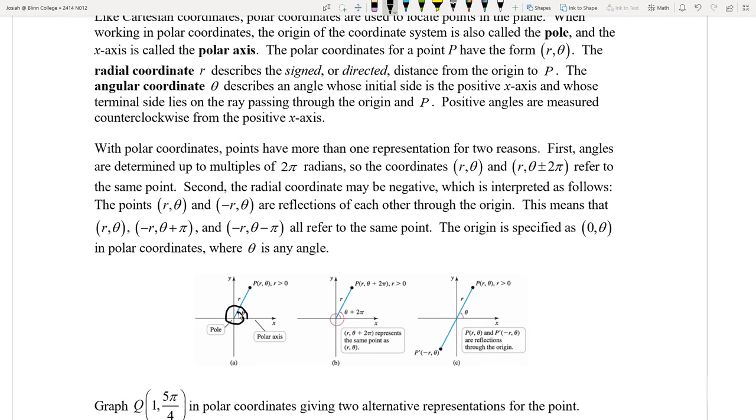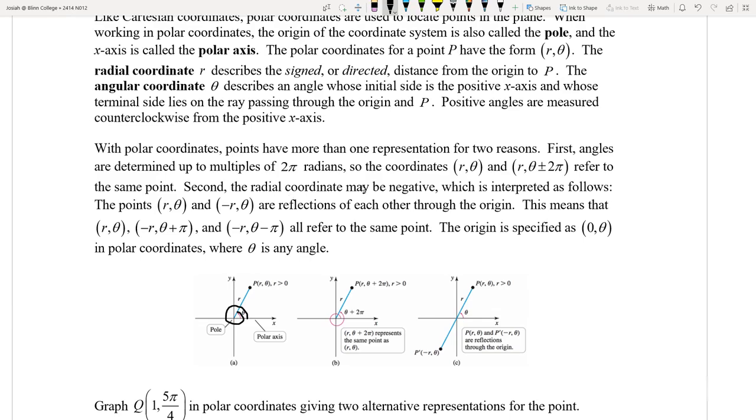That's going to be two different angles, and so two different theta values, but it'll make the same point as long as r is the same. And so to generalize, the coordinates r, theta and r, theta plus or minus 2 pi will talk about the same point, because that's going to be some extra cycle around the unit circle.